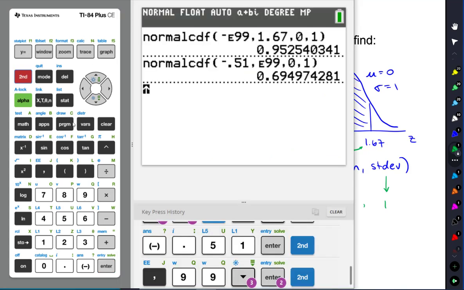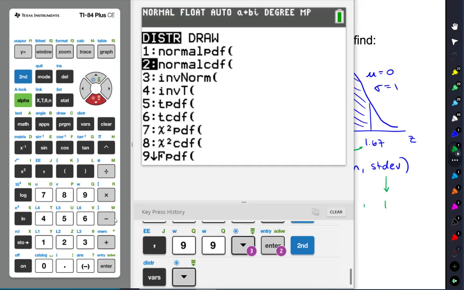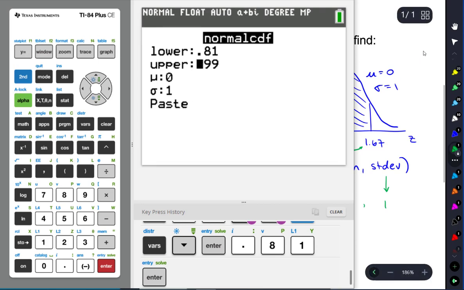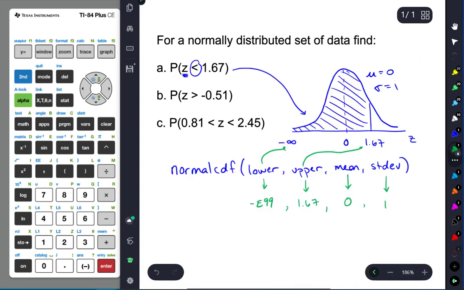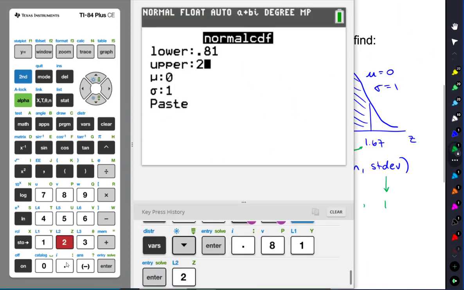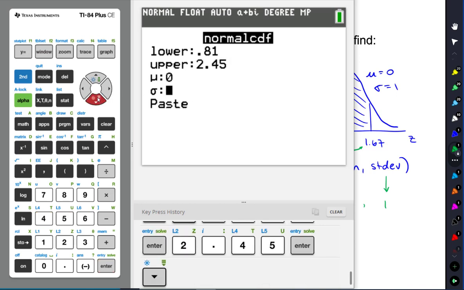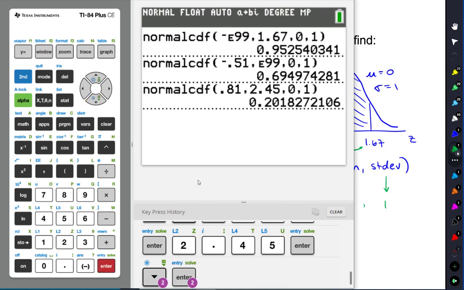So second distribution, down here to normal CDF, and I believe it was 0.81 and 2.45. So we just enter those. Because it's still involving z, that means we're on a standard normal distribution. We'll leave these two values alone, and then press enter twice to run the function. So that probability is approximately 0.208.